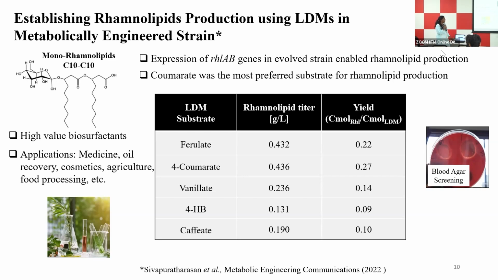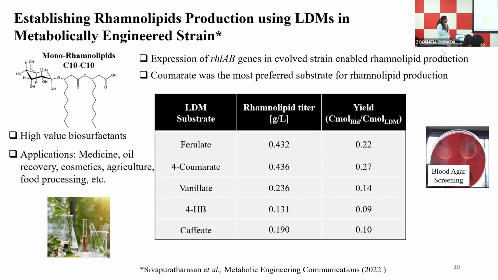It's really nice. So what we did was we took the lipid production genes, and then we did genomic integration of the transport system, which we learned, and we were able to achieve production with just these substrates.